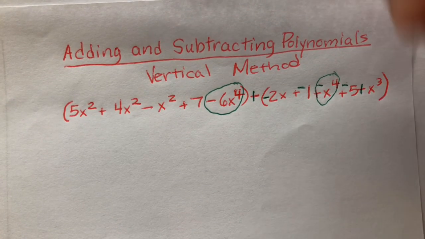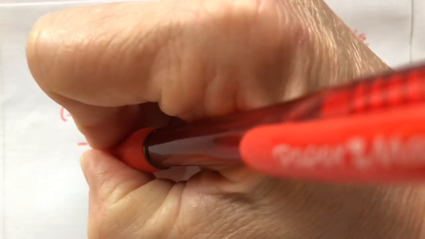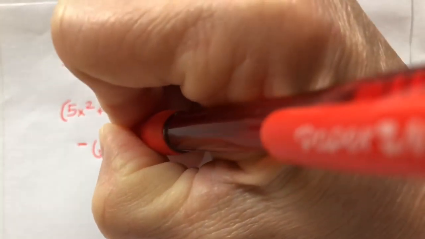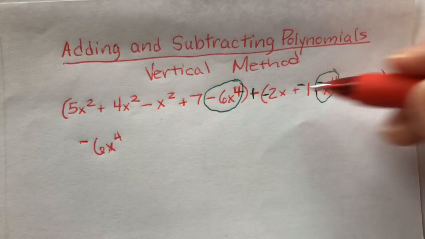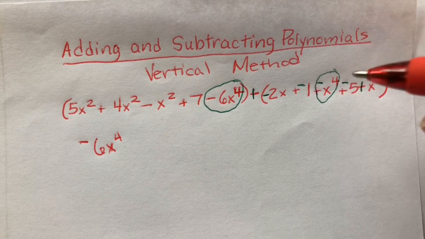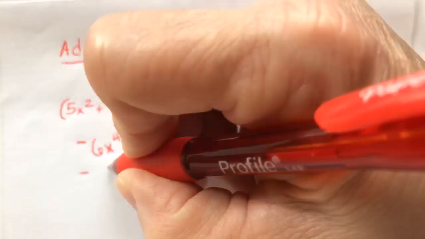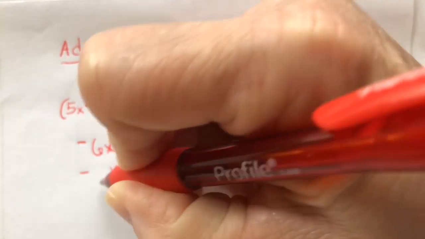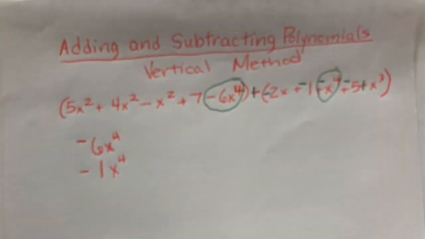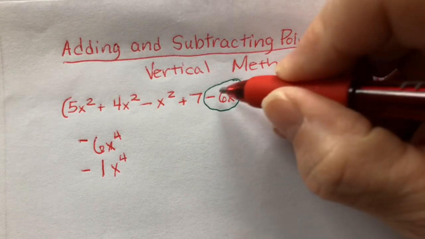So I'm going to start negative 6x to the fourth. Now, any other x to the fourths that I need to add, I'll put underneath it. So this will be negative x to the fourth, and if you want to, you may write negative 1x to the fourth. Okay, so I've done those two.